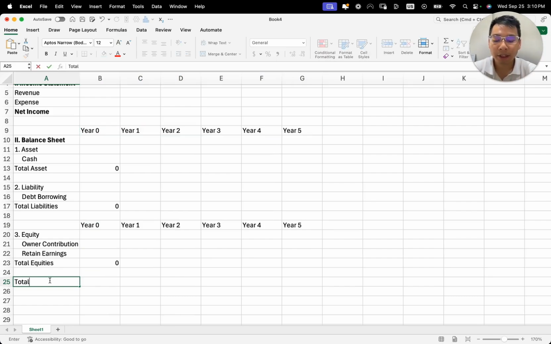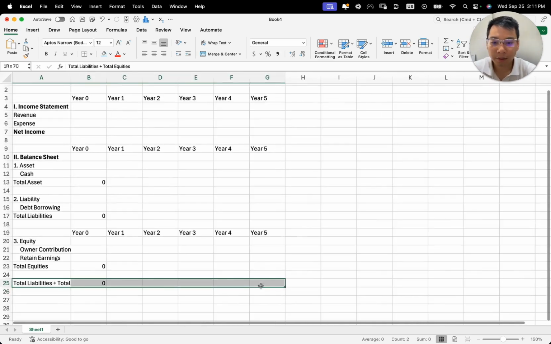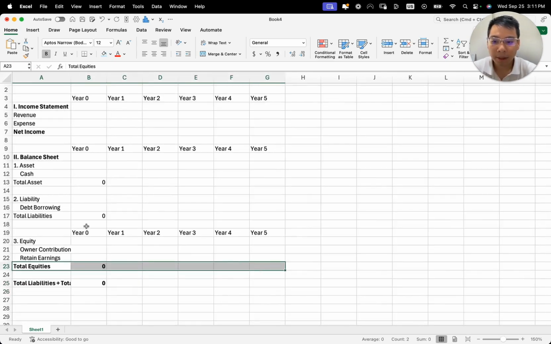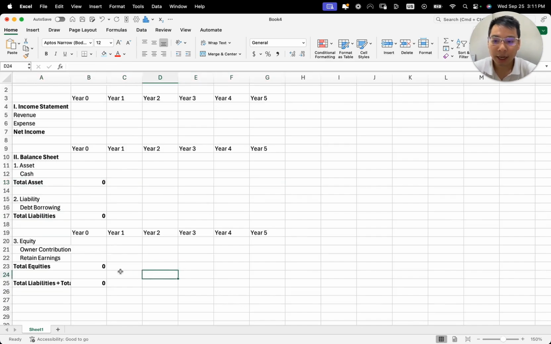We also want a section of total liabilities plus total equity. I'm just going to add these two together to make sure that they are equal. That's very important for the cross check. I'm just bolding these so you can see each section that we require.